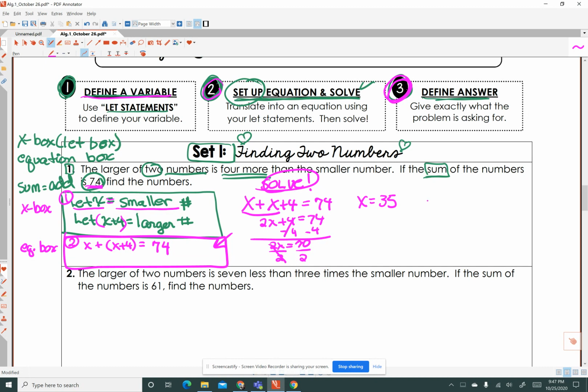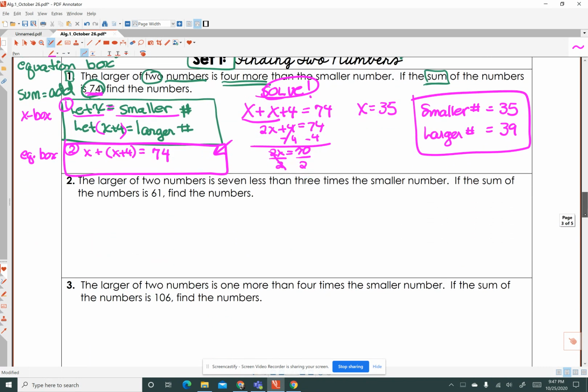So the smaller number is 35. What's the larger number? Well, that's the x plus 4, which is 39. 35 plus 4 is 39, and that is a final answer. So let's move on to the next problem.